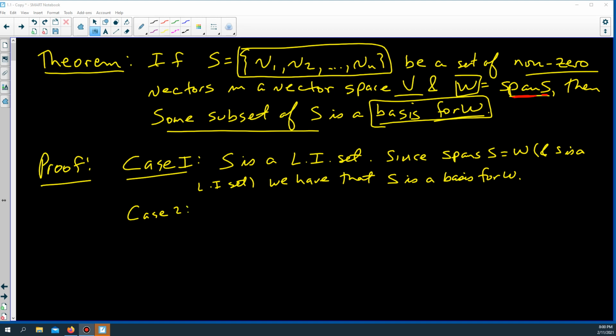Case 2. S is not a linearly independent set. That is, S is a linearly dependent set.